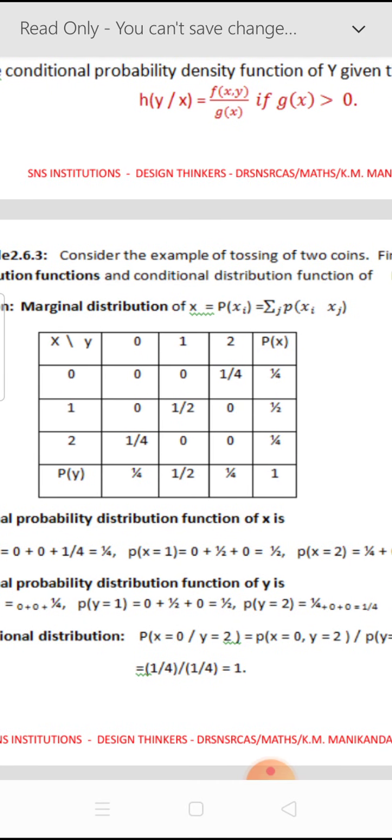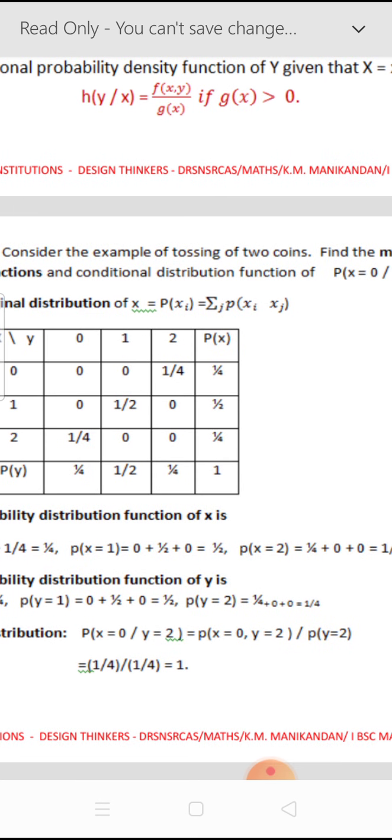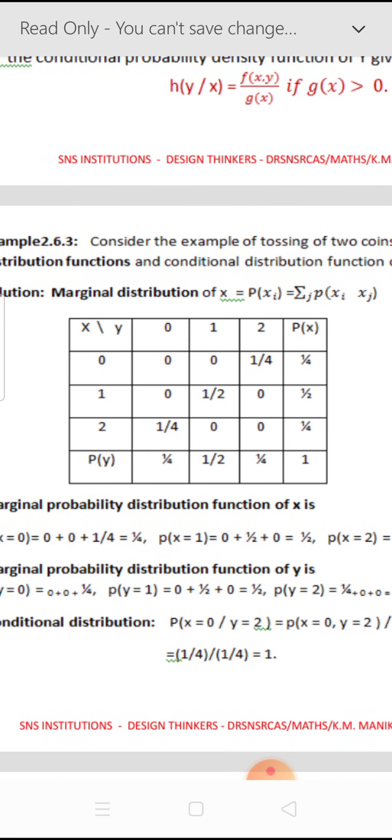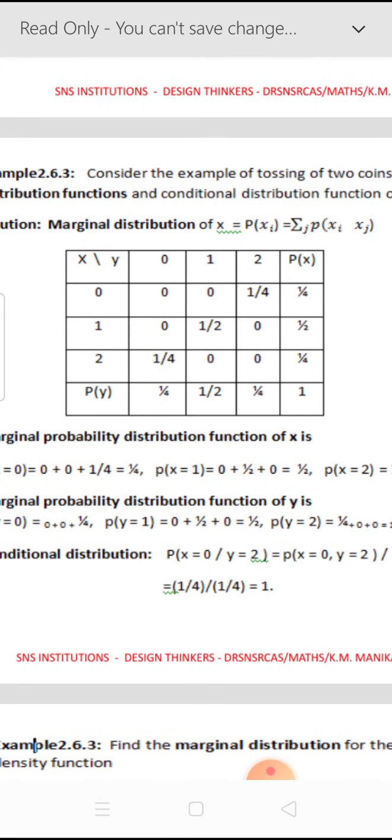So as we already discussed in example 1, we construct the marginal distribution table. From the first row total, the probability of X equal to 0 is obtained by adding the elements in the first row, namely 0 plus 0 plus 1/4 equal to 1/4.